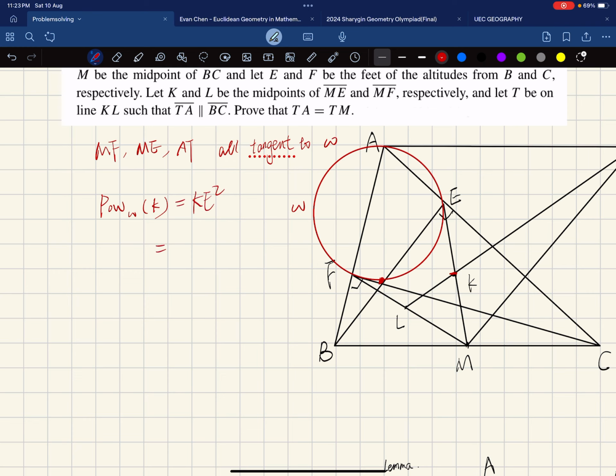And equals KM squared, because K is the midpoint of EM, and equals, now this is the point. Let me write it first.